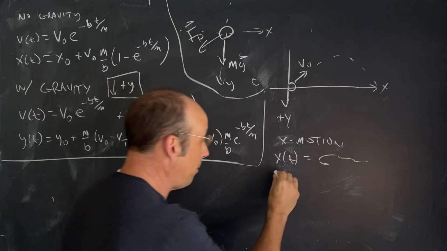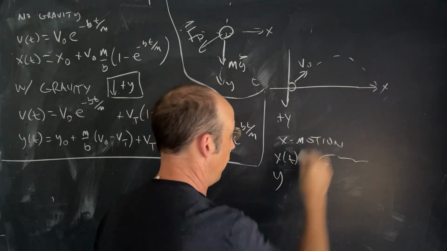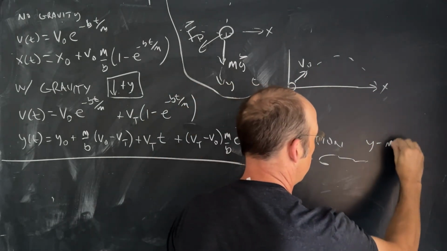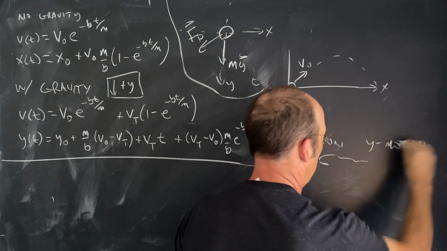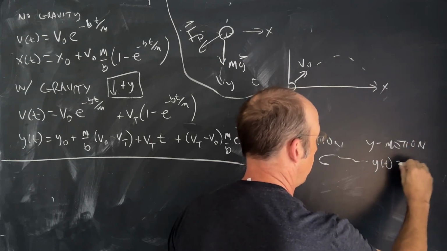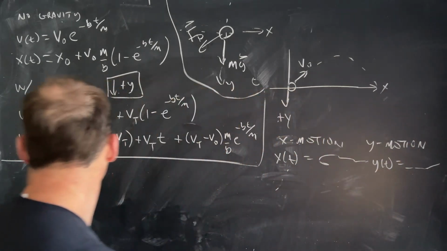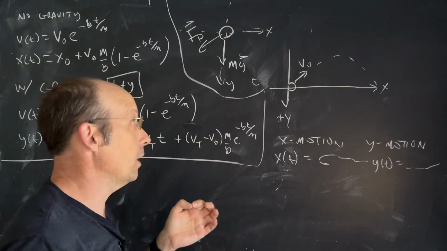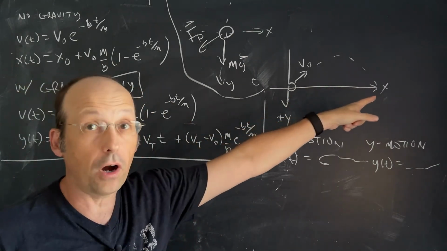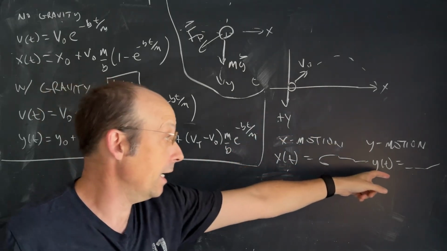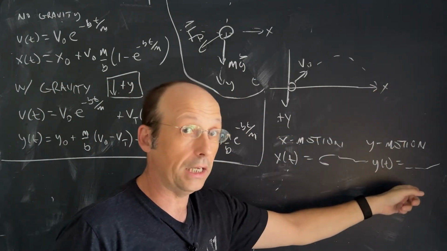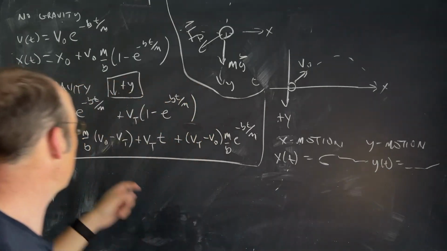And for the y motion, suppose I'm on level ground, y is the function. Let's put the y motion over here. Y as a function of time equals all that stuff. So it's not trivial, okay, but I could do it. If I want to find out how far it goes, I could take this function, put in my final y is 0, my initial y is 0, and then use that to solve for the time.